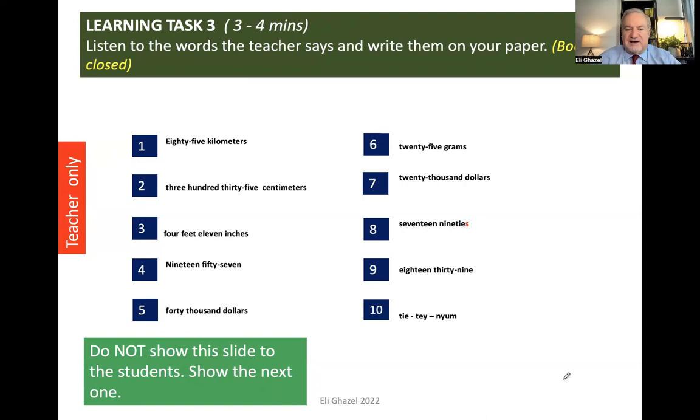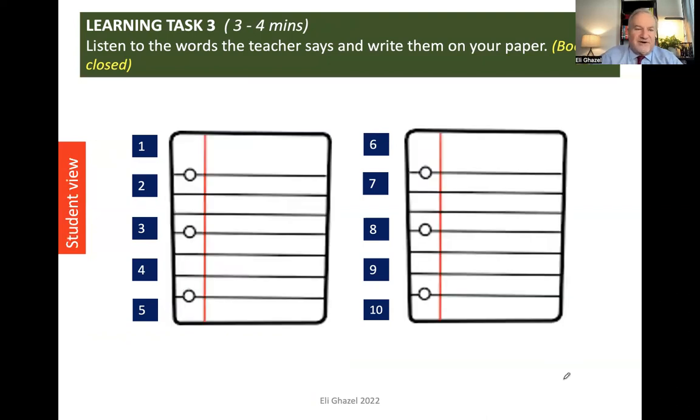What must the student write on their paper? 85 kilometers, like here, you know, this is their paper. They will write 85 kilometers. And make sure that they don't just write the K, but they actually spell the whole thing out. Kilometers. It's not important whether it's in British spelling or American spelling. It's still very much recognizable.